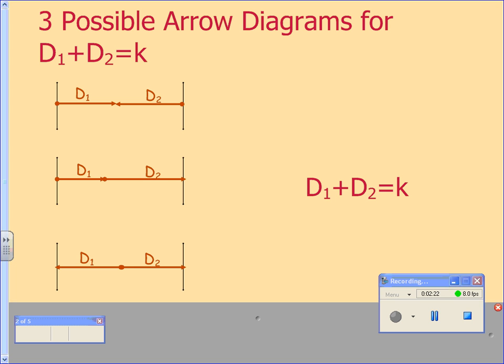You can also have starting in the same place and going in opposite directions. Starting here and going here, and then the other person starting here and going there. Coming together.